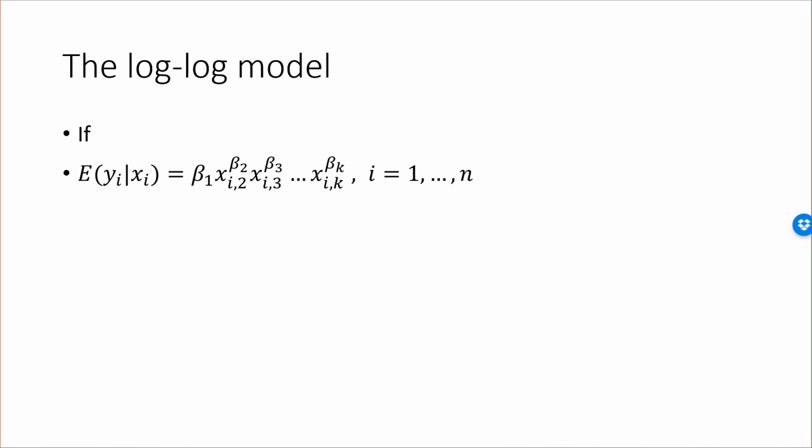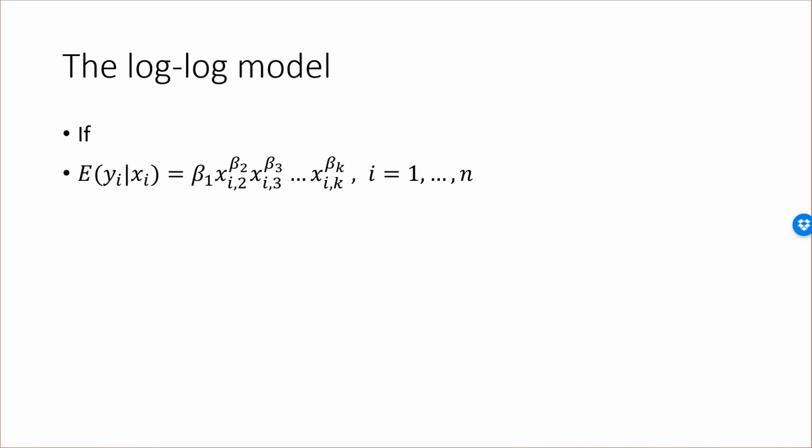Or we could have the expected demand conditionally on some factors such as price, income, and so on, to be given by this function. Very common and very popular form specification for the conditional expectation. To this we add a multiplicative error term. So we don't write plus epsilon I, but we write multiplied by epsilon I.